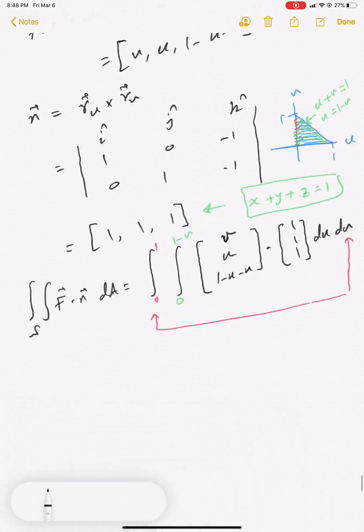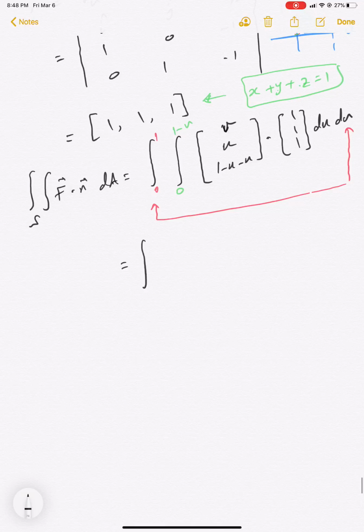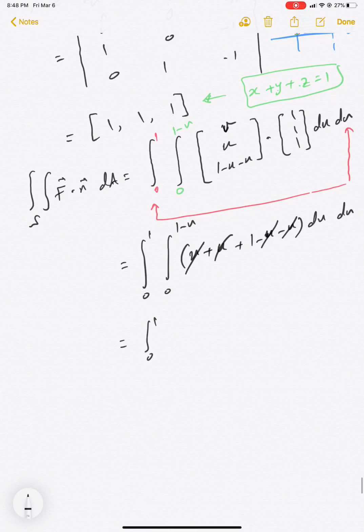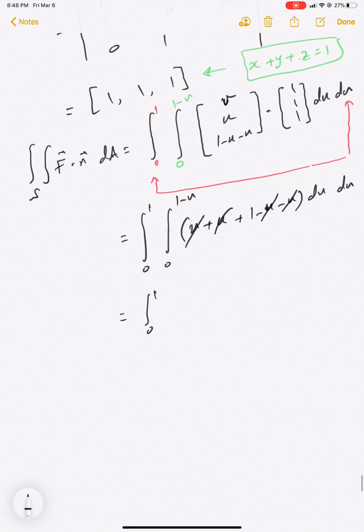Now we do this integral, and I'm going to do it as a first example. The dot product is v plus u plus 1 minus u minus v, which nicely simplifies to 1. So the first integral du is just 1 minus v dv, which is v minus v squared over 2 from 0 to 1, which is just one half.